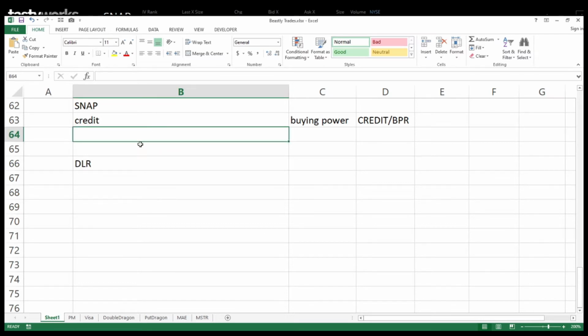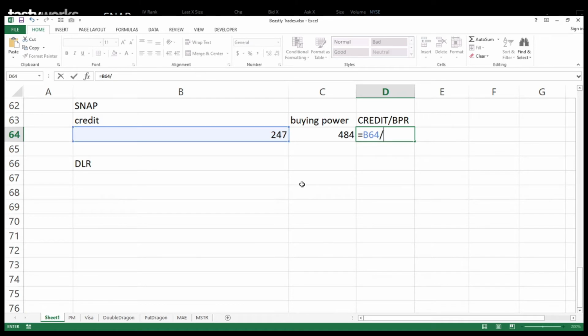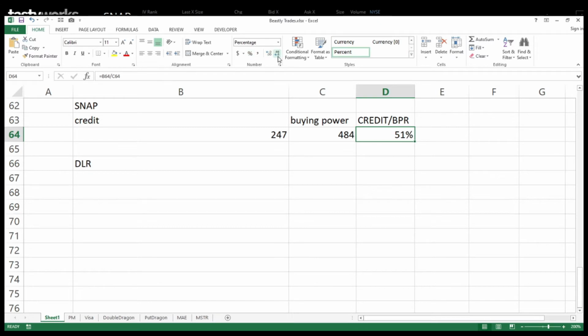So I'm collecting $247, and what was it again? It was 480. Well, let's just make it 484. So if I take this divided by that, that's 51%, which I think is a pretty good return, if you decide to take it all the way out to expiration.